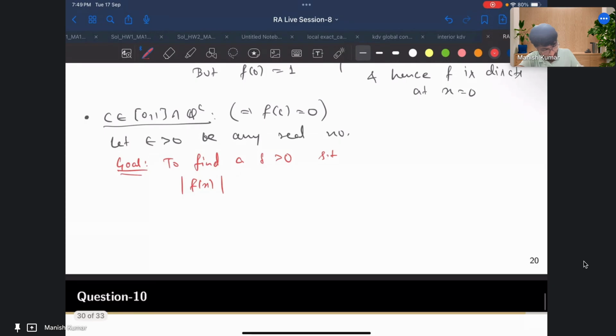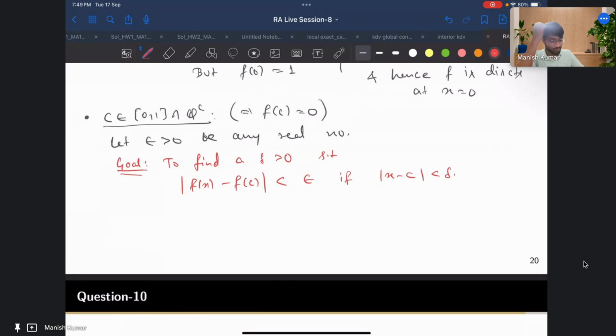If you want I can include f(c). This I have to say is going to be very small, right? This is less than epsilon if mod x minus c is less than delta.